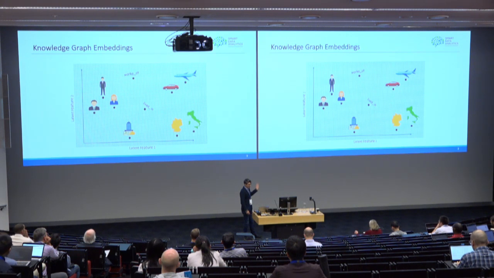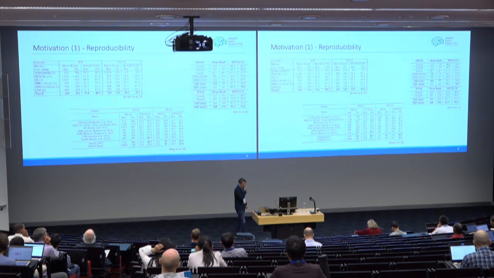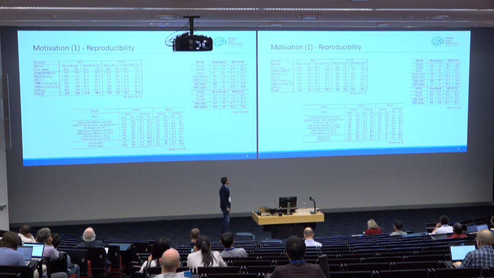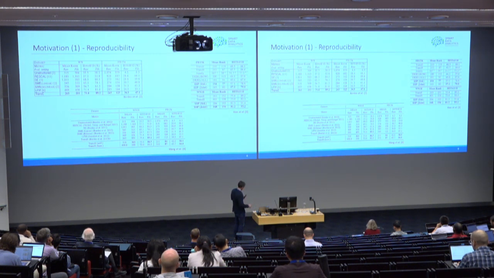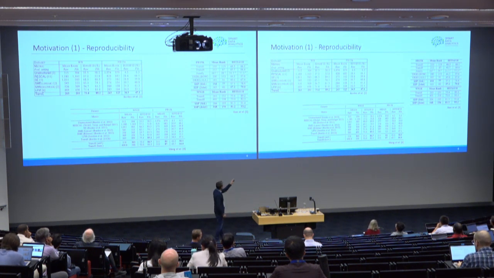Since the first models were proposed, we now have a big set of models, but one of our motivations for this work was that reproducibility of these models is not that easy. As a first example, you can see in the left table the model TransE. In the right column, on FB15K, it got a result of 47.1.